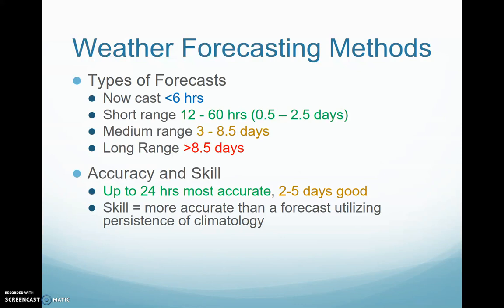So, if I were to say August 6th, we're going to have thunderstorms in the afternoon, woohoo, that doesn't show I'm very good because that's what always happens in Florida. But if I were to come out and say August 6th, we're actually going to have very clear skies, not a cloud in the sky, not a single bit of thunderstorm, and no wind at all, and that's what happens, that shows better skill, because that is not usually what happens here in Florida in the middle of the summer.